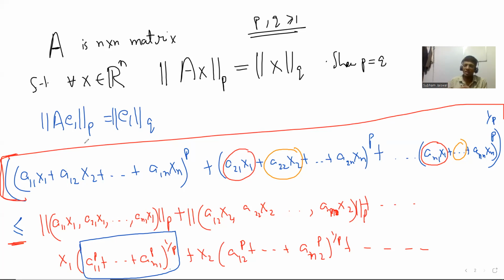Nagesh, you also know this. We had actually said this last time. When you multiply a matrix with e1, which is 1 0 0 0, you actually get the first column of the matrix, and then its P norm is this. But why is this 1? Because that should be equal to the Q norm of e1, and any norm of these unit vectors is 1.